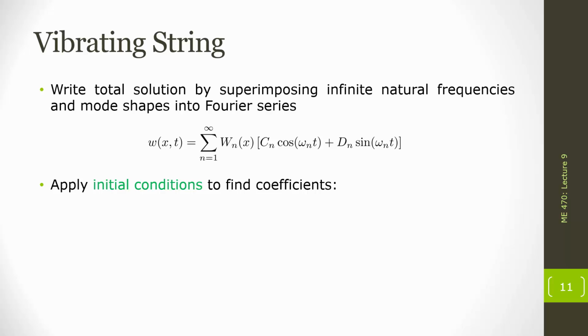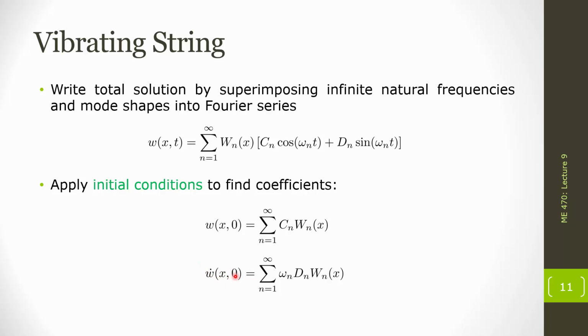What we're interested in is finding the initial position of our string at time equals 0, so w of x comma 0. We're setting t to 0, but we need to define what the position is at all points in space at time equals 0. And our other initial condition will be on the velocity. What is the initial velocity of the string at all points x when time is equal to 0?